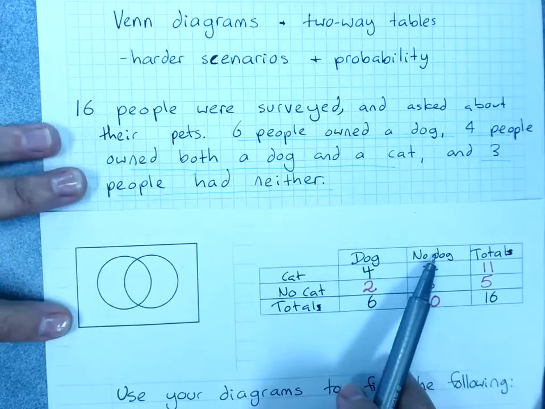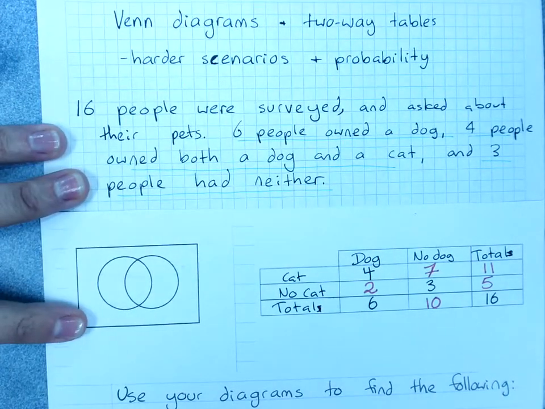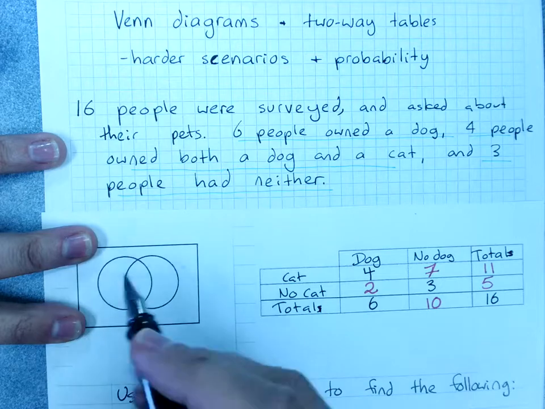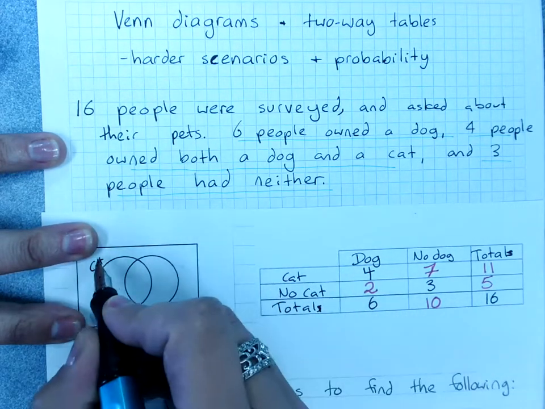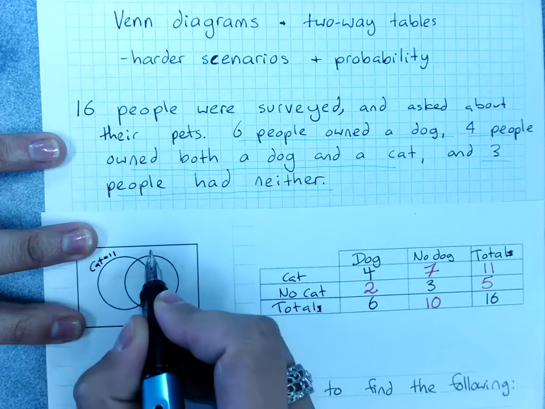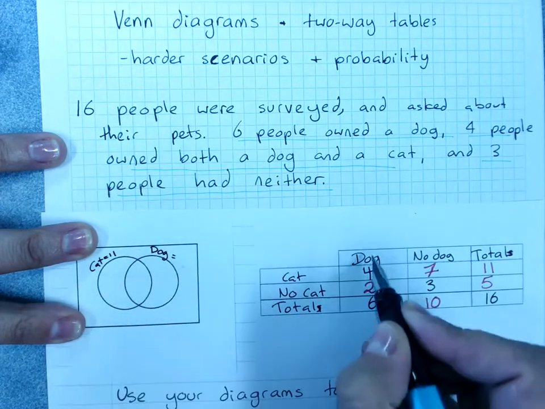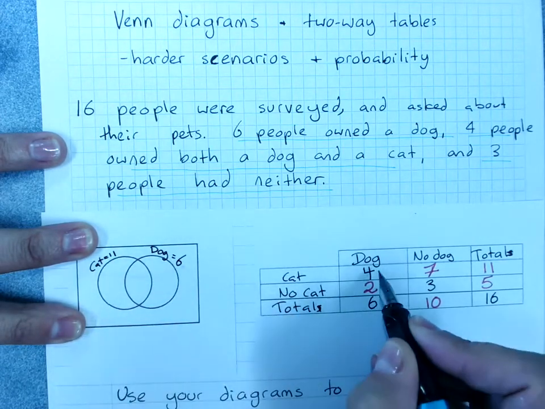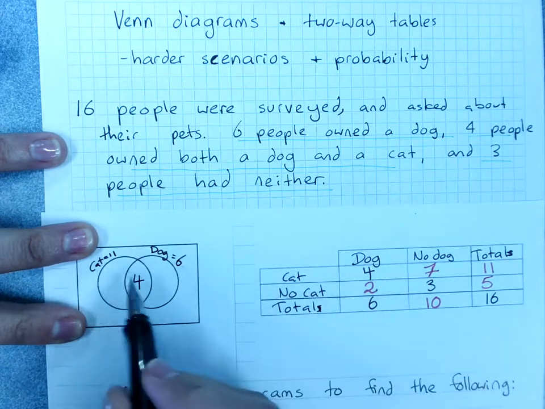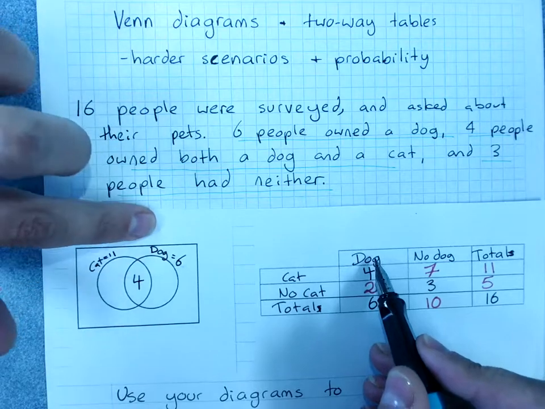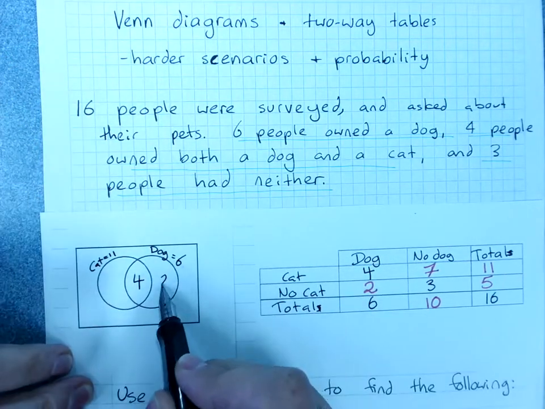Once you've got the two-way table, then you can make your Venn diagram. Cat total is 11. Dog total is 6. People who have both. People who have a dog but no cat.